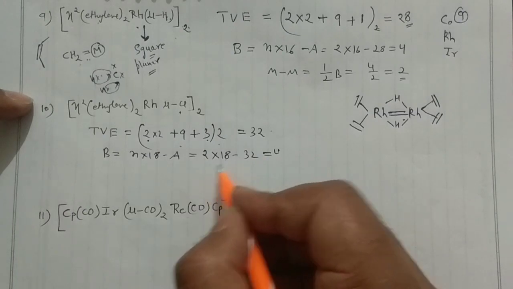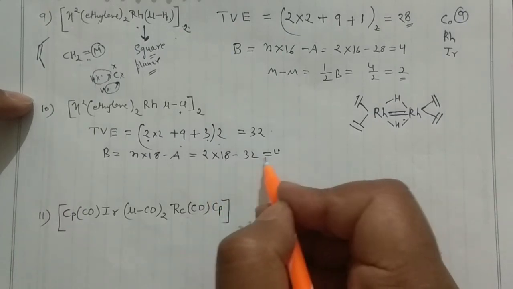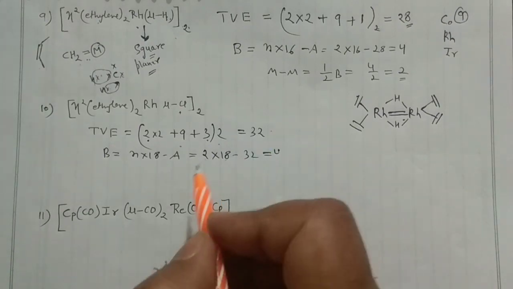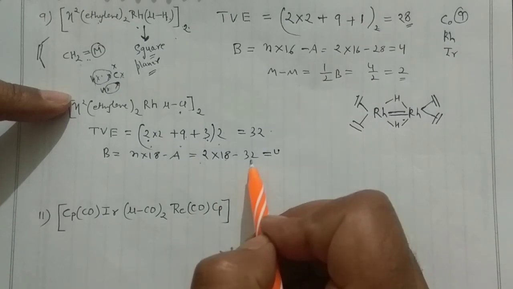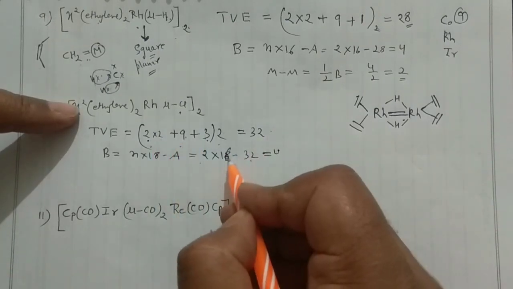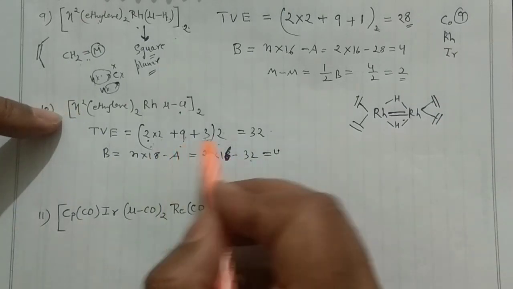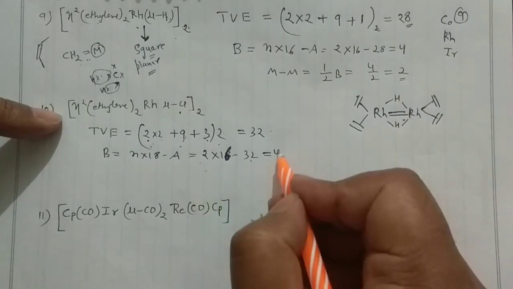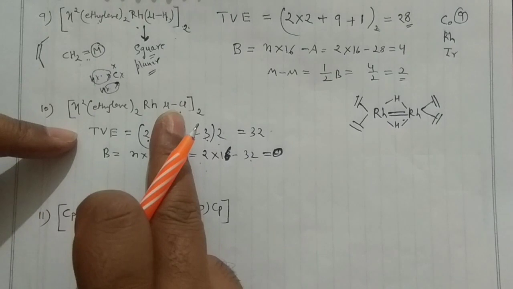Sorry, the count is 16, they are 16, very sorry. 9, 3, 12, 16 into 2, 32. Okay, 32 minus 32, that will give you 0.